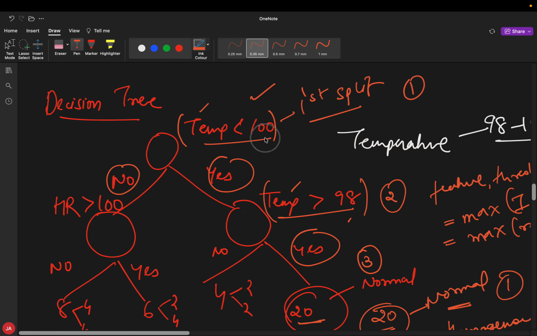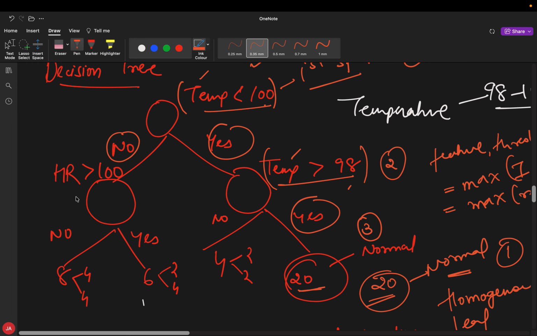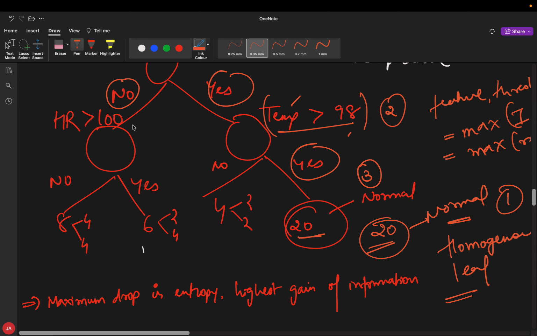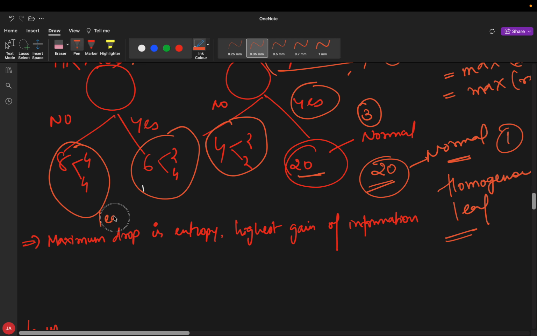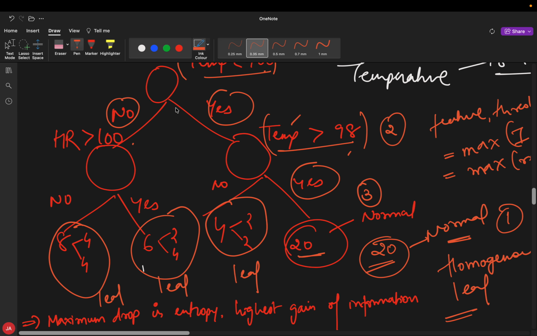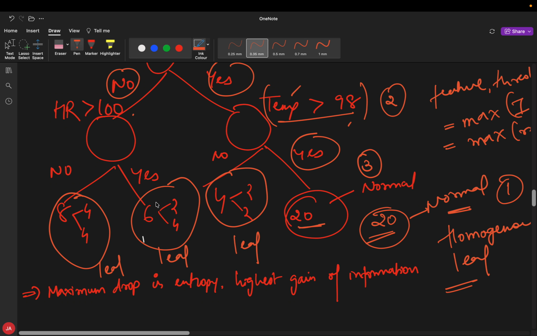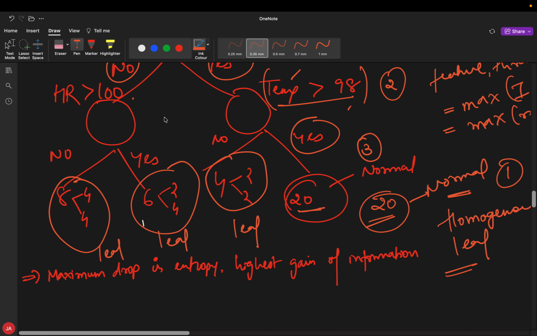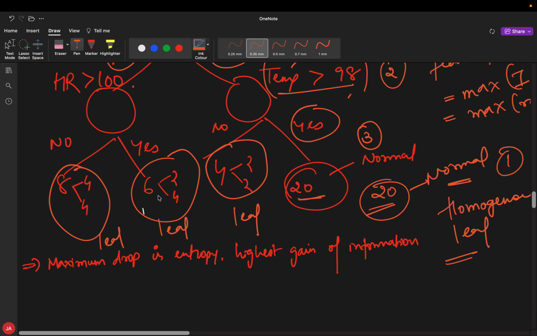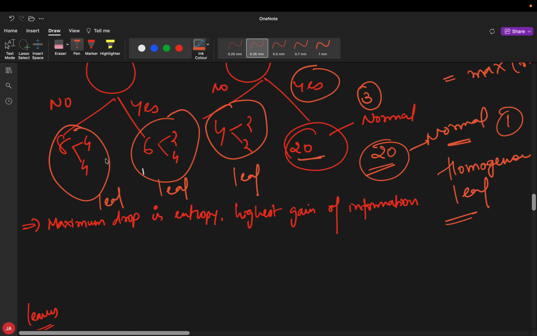If temperature is not less than 100, it is greater than 100, then we check whether heart rate is greater than 100. If yes, we are left with the imbalanced leaves. These are also leaves. If a patient satisfies the condition of these leaves, we go with the majority. Let's say here is a 4-4, 50-50 split.